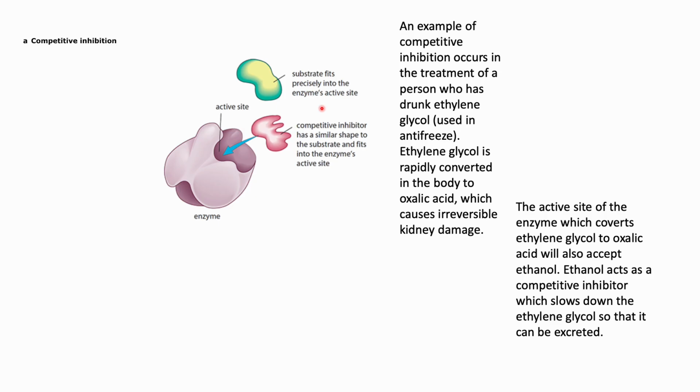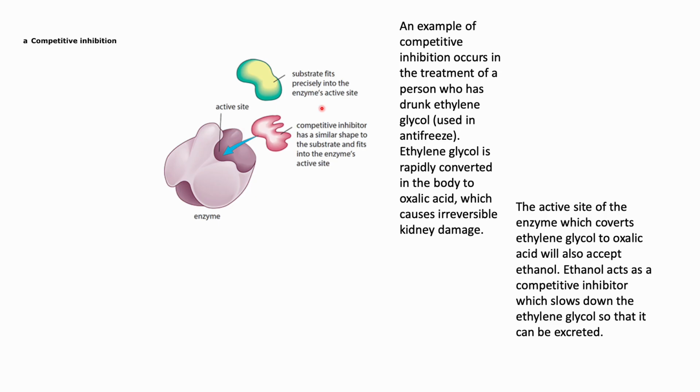Consider someone who has ingested ethylene glycol, which is a compound found in antifreeze. Ethylene glycol is rapidly converted in the body to oxalic acid, which causes irreversible kidney damage. The active site of the enzyme which converts ethylene glycol to oxalic acid will also accept ethanol.